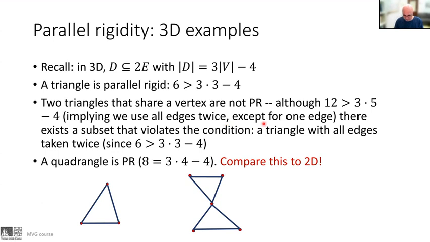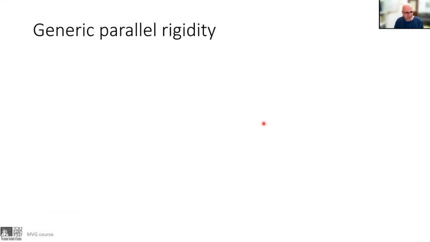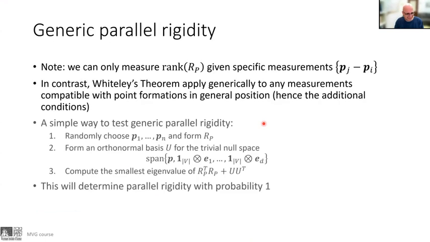So at least you get the impression that this is not a trivial question. I want to end this part by telling you a simple way to test generically parallel rigidity. The simple algorithm is the following.